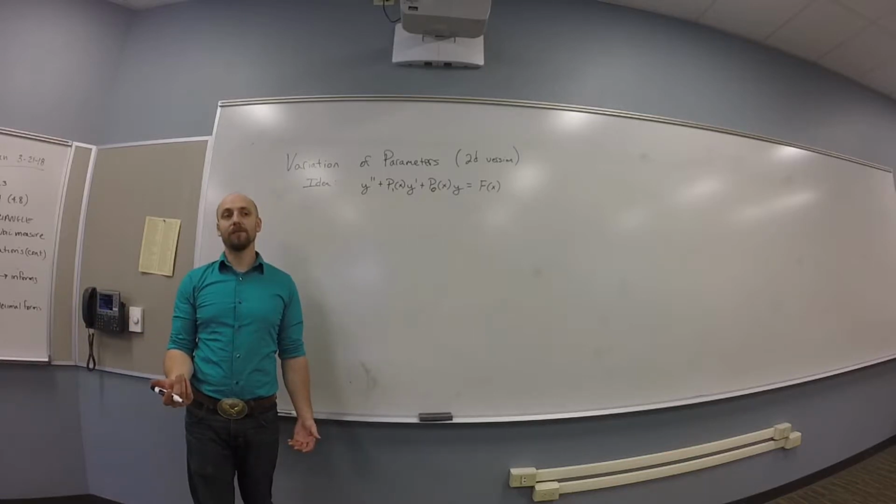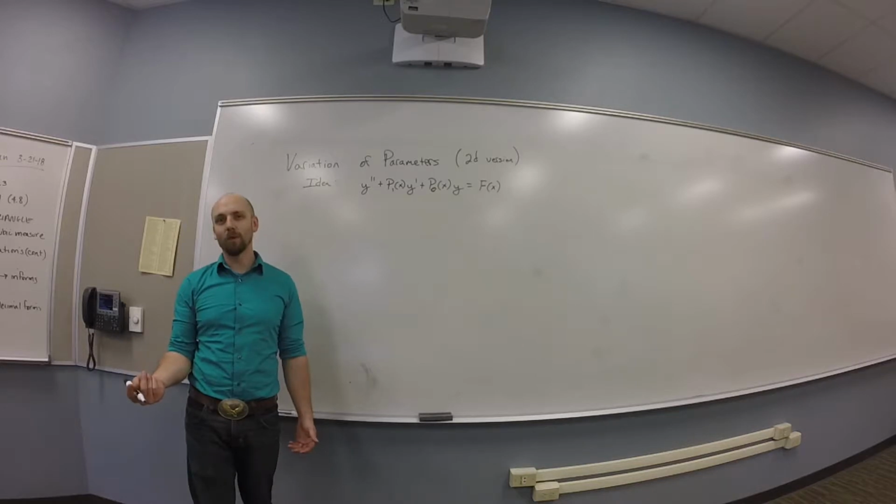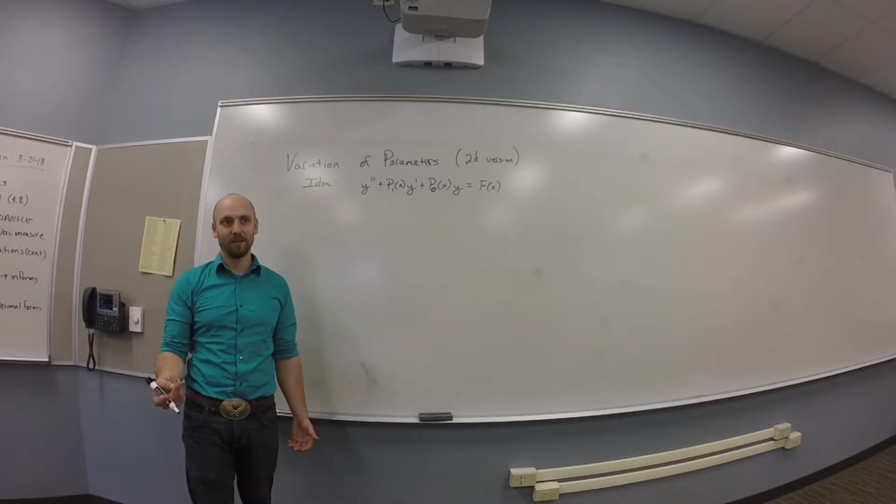If I knew 2 of the solutions, which seems like the case that I'm more likely to be in, because if I can hunt down one solution, I probably can find the other one basically the same way. You with me on that?